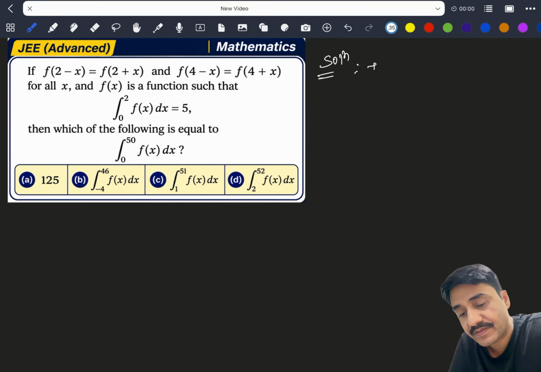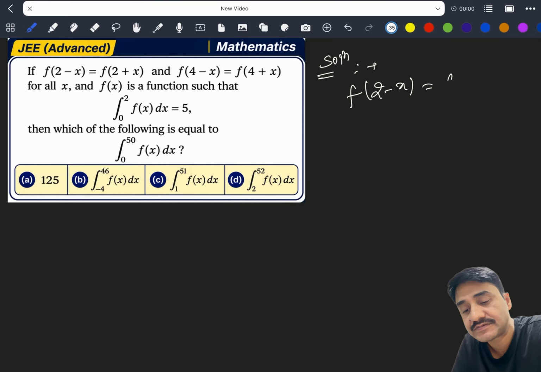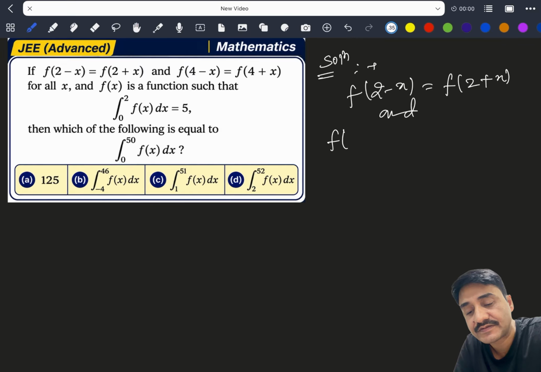f of 2 minus x is equal to f of 2 plus x, and f of 4 minus x is equal to f of 4 plus x.